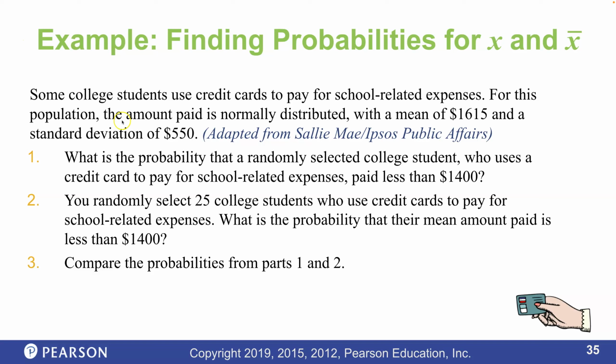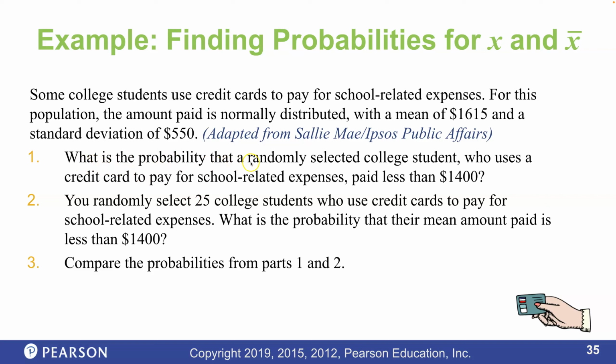For this population, the amount paid is normally distributed with a mean of 1615 and a standard deviation of $550. Now look, this is the population. So you're going to just use 1615 for the mean, but we're not going to use 550 if we are looking at a sample of size, say, 25. Then we're going to have to use the formula, right?